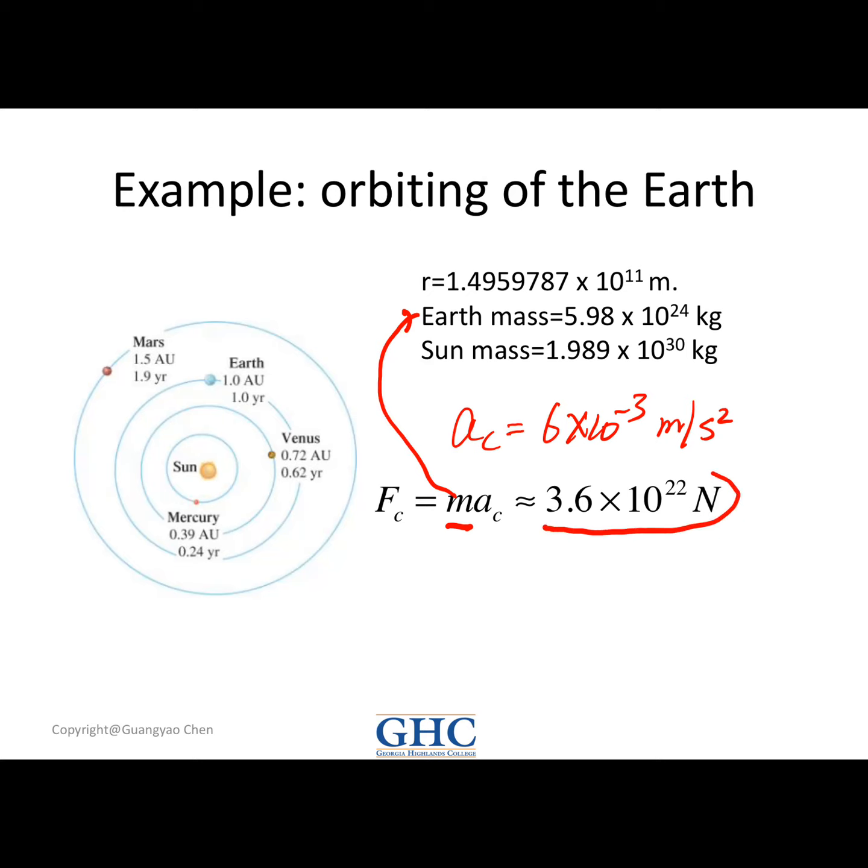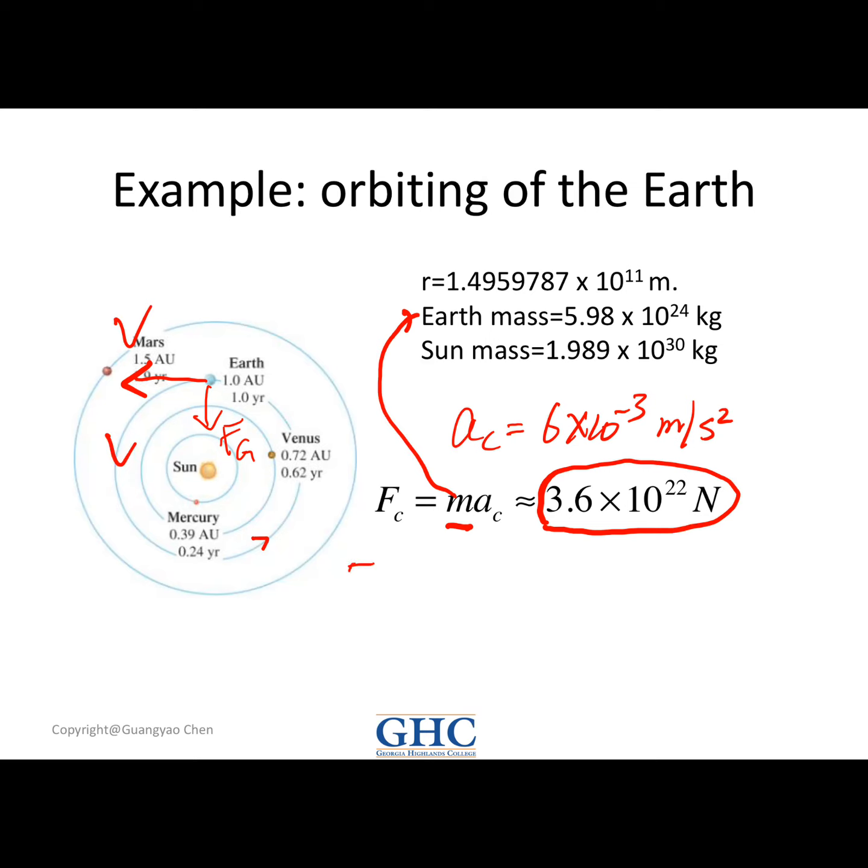So you should at least have a force like this, 3.6 times 10 to the 22 Newton on Earth, so the Earth can orbit in its orbit. If there is no such force, then from Newton's first law, the Earth will go with constant velocity. But fortunately, we have a force from the Sun's pull on Earth, and the Earth keeps on its orbit.